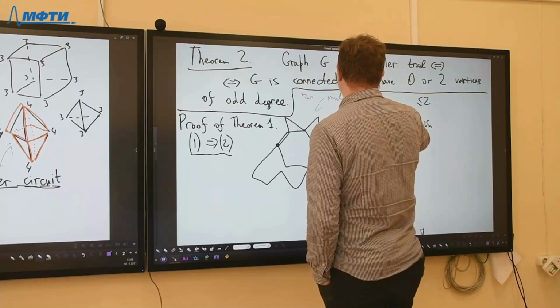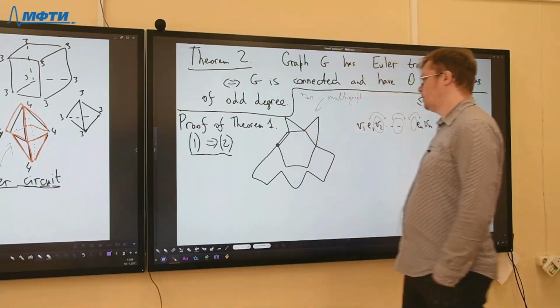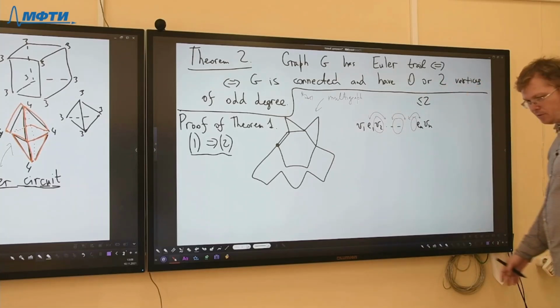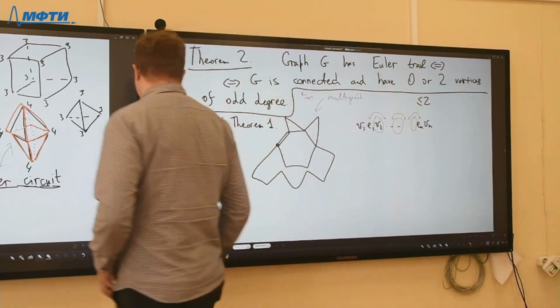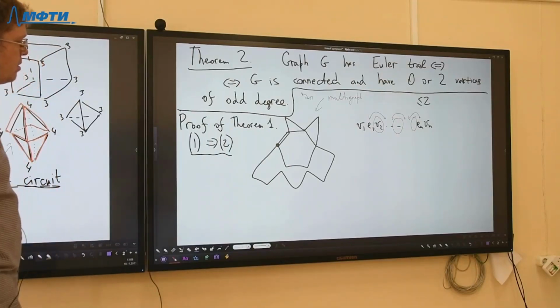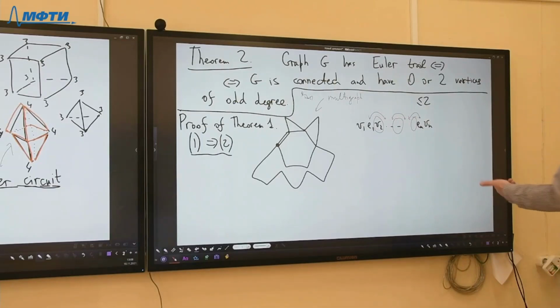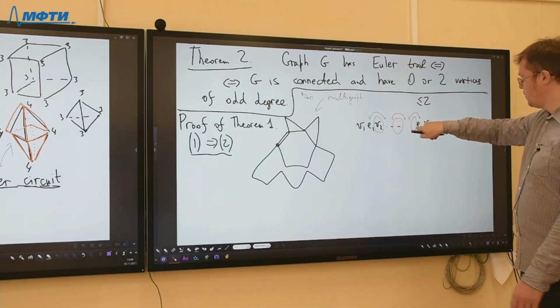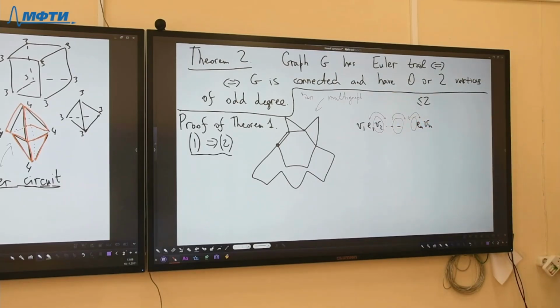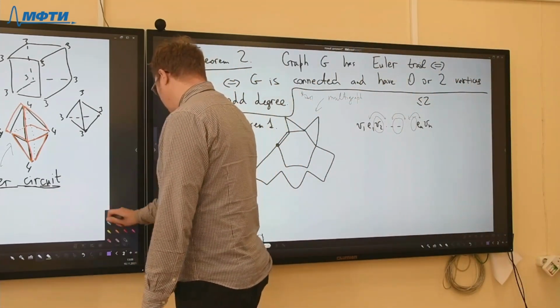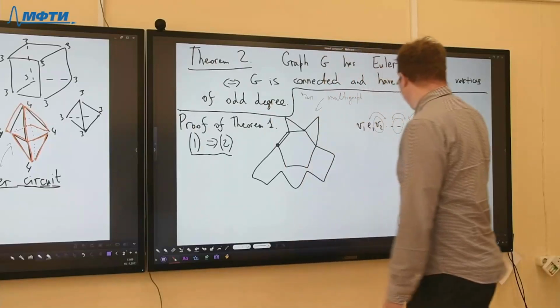So the graph can contain repeated edges, no problem at all. Then some vertices will have 2 or 3 edges between them. So if we look at the same vertex, we can see that we have an even number of edges here, which means that each vertex has even degree.